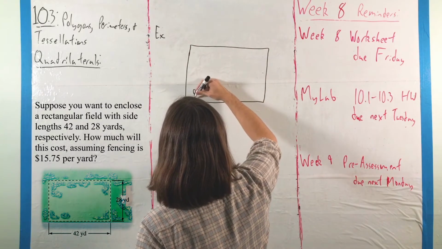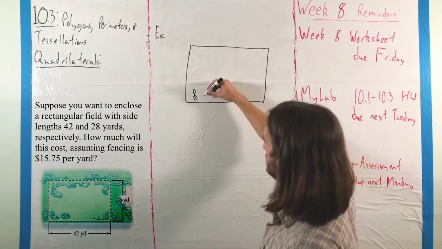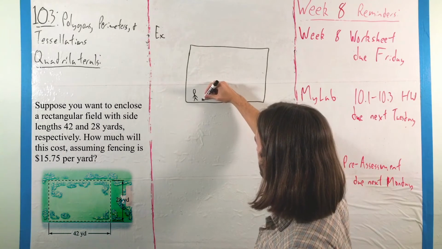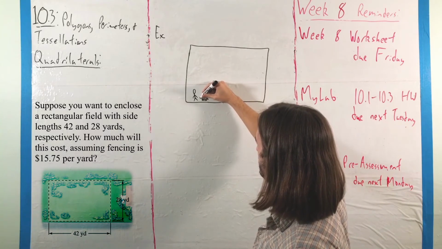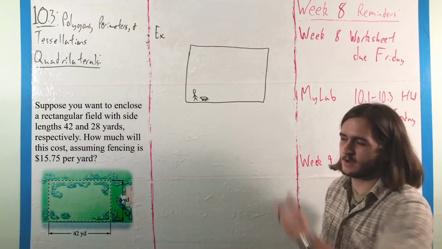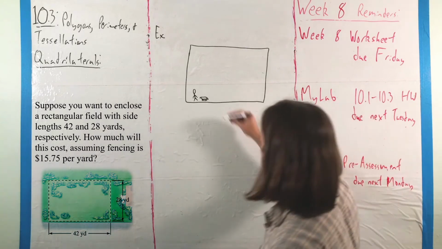Maybe that's you out here tending your yard. You're unusually tall, I guess, and you've got a dog or something with you. Something like that. Like I said, this isn't about art, this is about perimeter. So we have that on this thing.